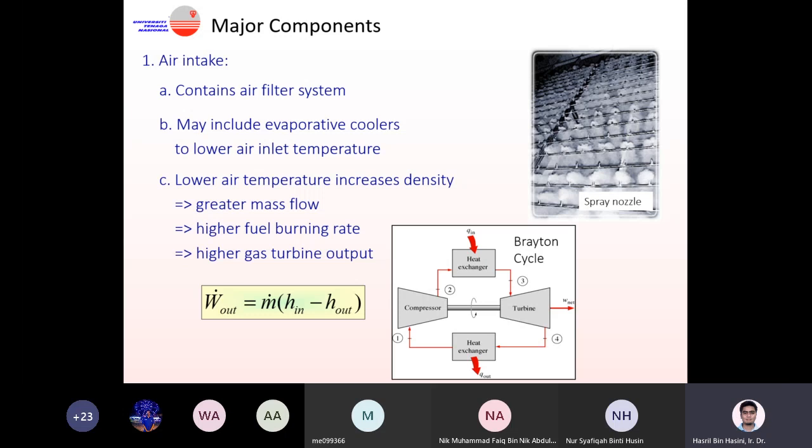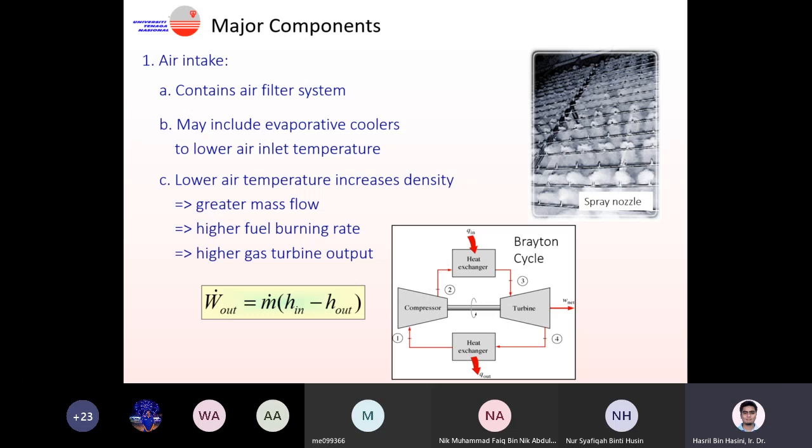When you want to suck the air from the atmosphere, the air has to be clean, otherwise it will damage the compressor blade. We don't want any dust or any impurities to come into your compressor. That's why we have to have a good filtering system.